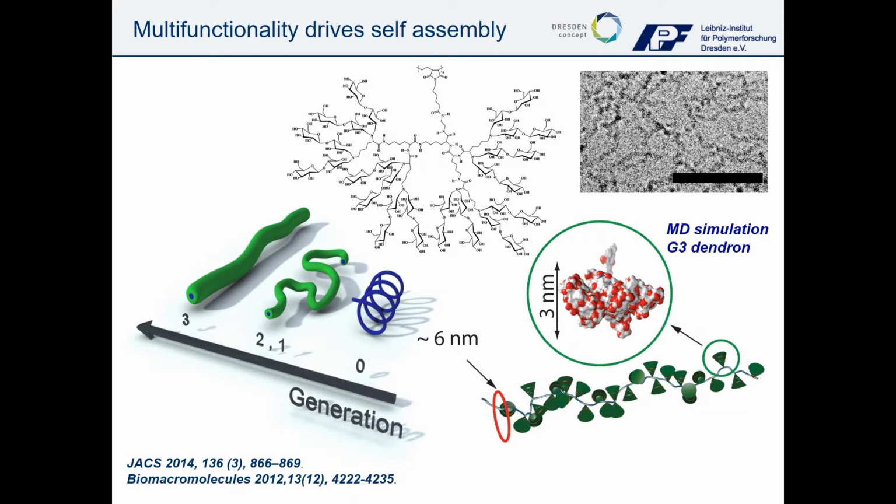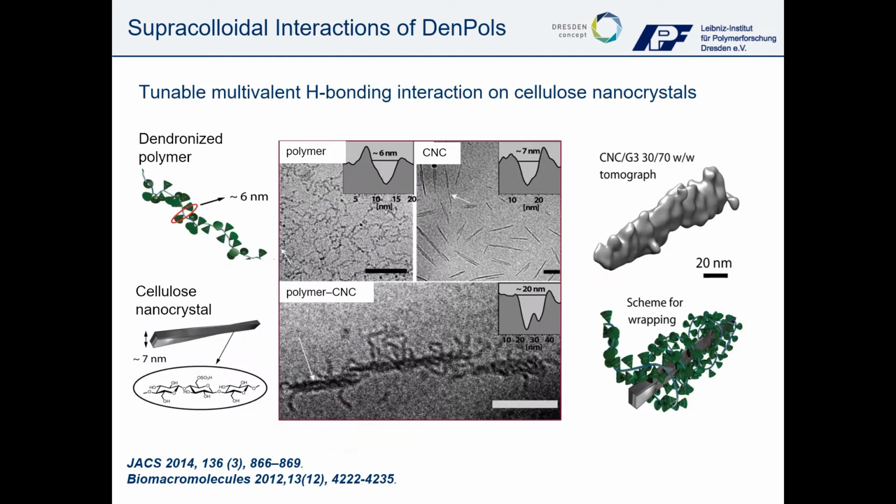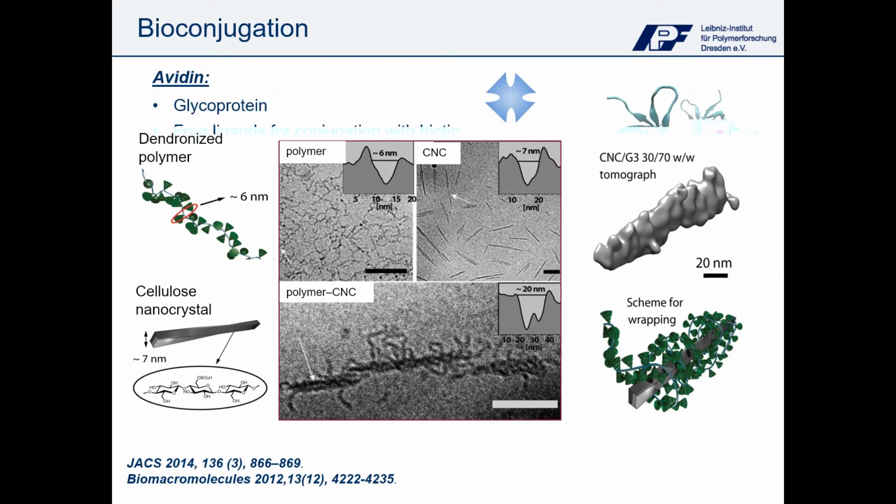These multiple functional groups can also be used for further interactions with other natural materials, as we showed on the basis of cellulose nanocrystals, in which the combination of dendronized polymers and cellulose gave us supercolloidal structures, which can be further used, based on all these measurements, for developing lightweight materials with very good mechanical properties.